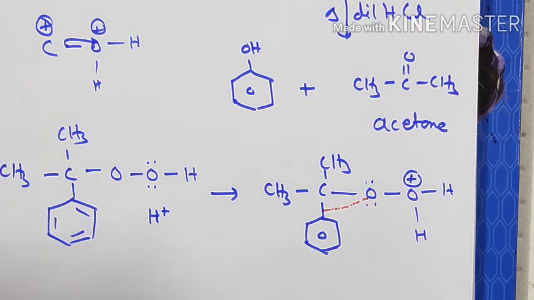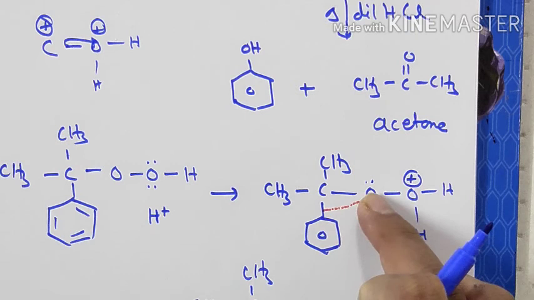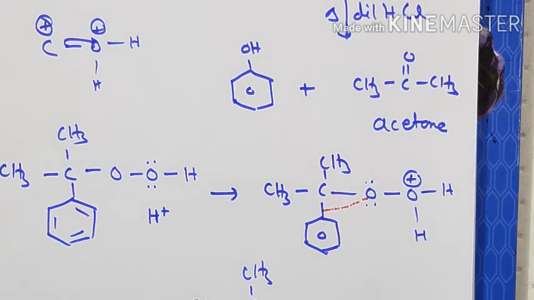Okay, so when this happens, product becomes something like that, CH3 C CH3. See, carbon gives electron to this, so there's a positive charge over here, right? Here oxygen with a benzene ring, and this can move out now in the form of water, so it goes away in the form of H2O.